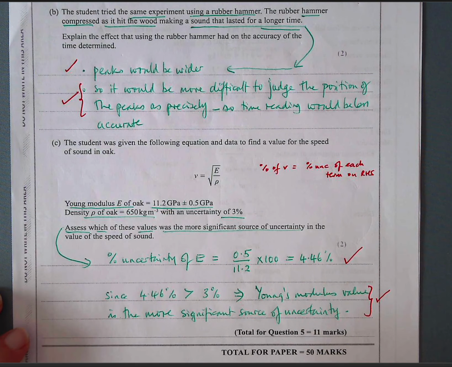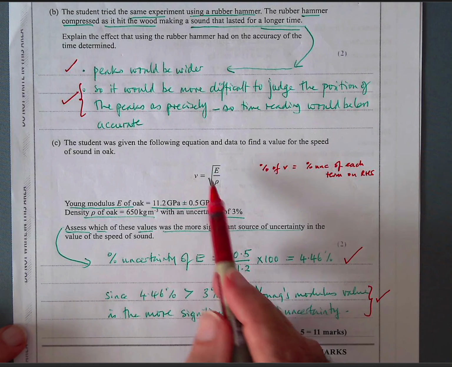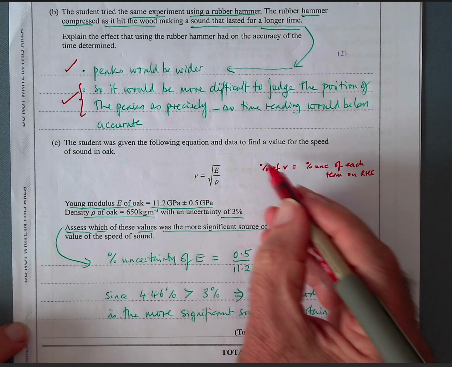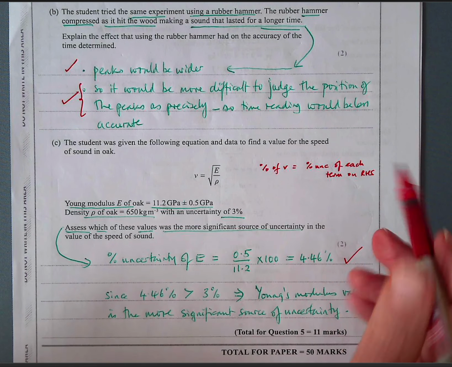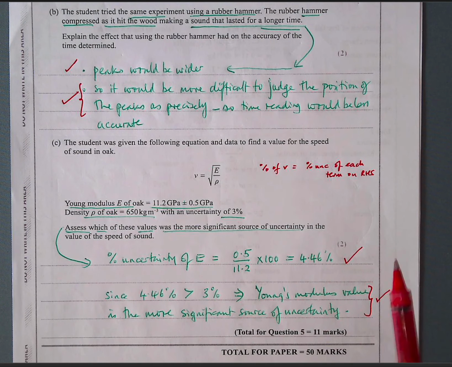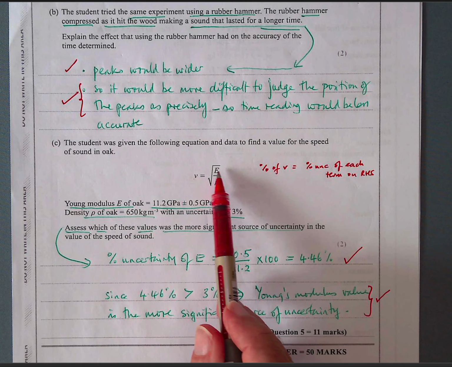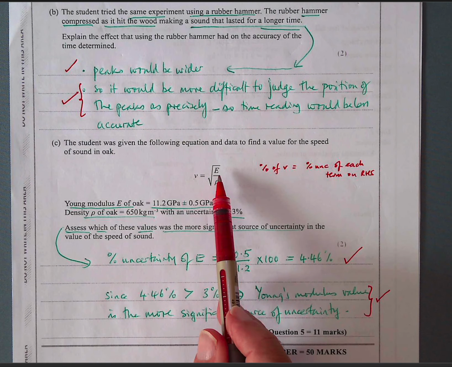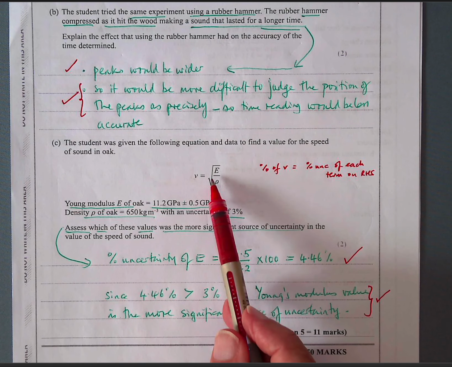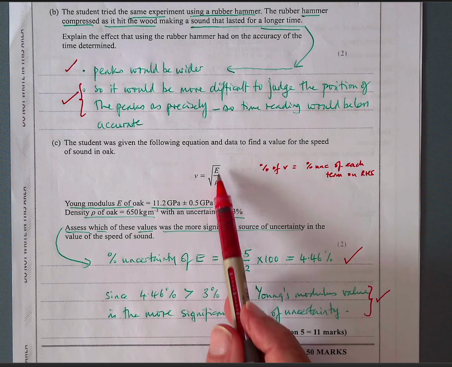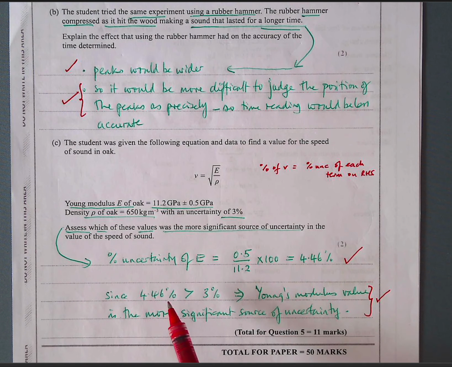Since they're both under the square root sign, this is how you would normally work it out, but you don't need to know it in detail any more than that for this question. But if one was a power, like E squared, and one wasn't a power, you'd have to work out the percentage uncertainty differently. Because they're both square rooted, the percentage uncertainty is basically all you need to compare.